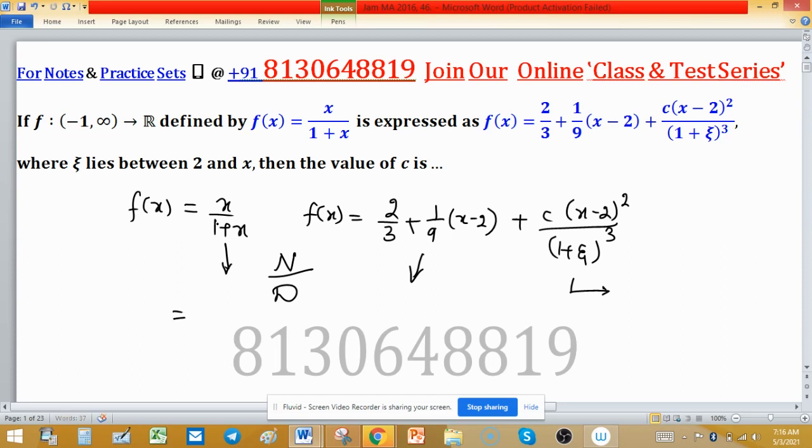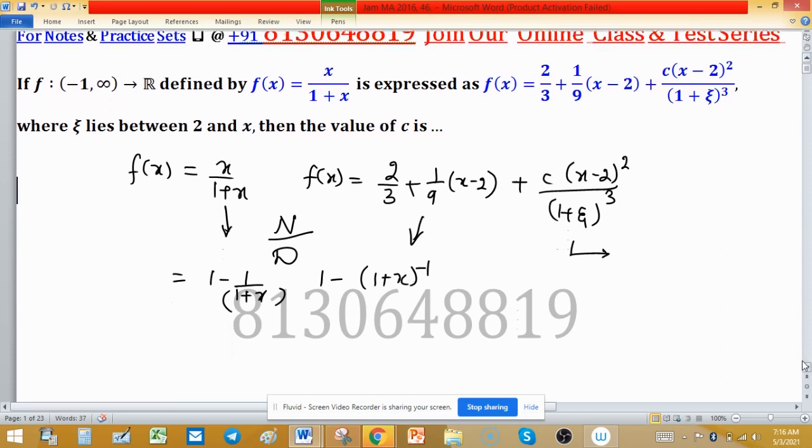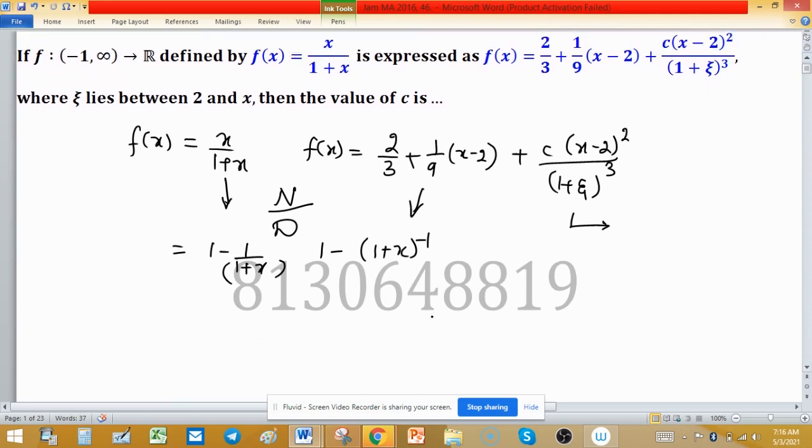Otherwise, you can write this function as 1 minus 1 upon 1 plus x, or 1 minus (1 plus x) raised to the power minus 1, and you can apply the binomial theorem here. So you can see this function is many times differentiable. Now use Taylor's theorem around the point 2.